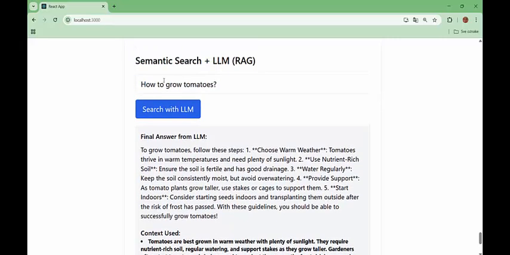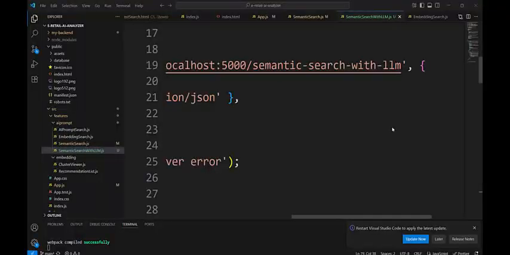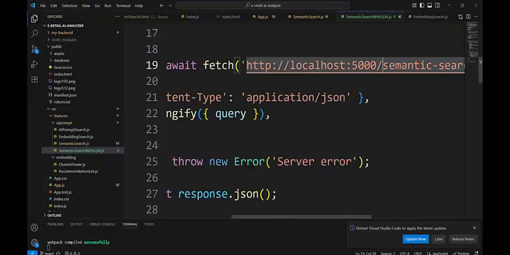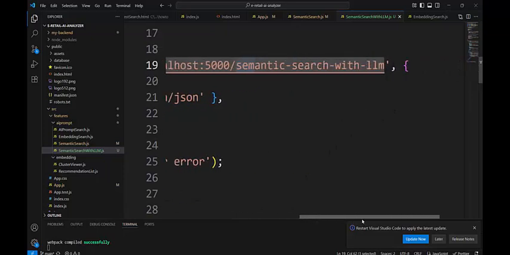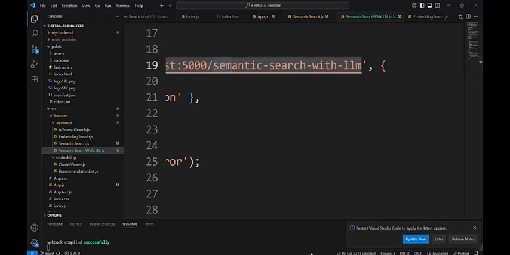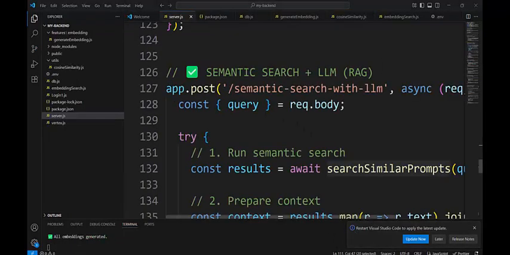Okay, now look at what happened here with the LLM. Now the endpoint is this one, semantic search with LLM. Here is the endpoint.